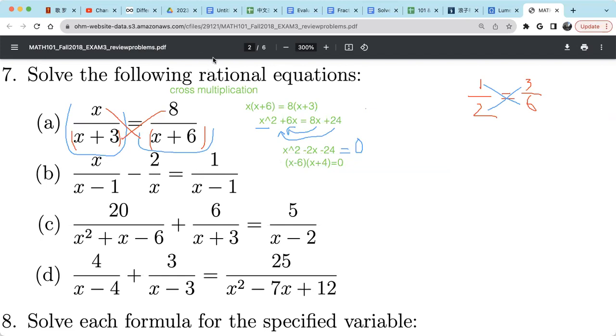So by the zero property, I get x minus 6 equals 0, and x plus 4 equals 0. I solve those two. I move negative 6 to the other side, I get x equals 6, and x equals negative 4. I have two solutions. Right? So we get two solutions for 7, 8.